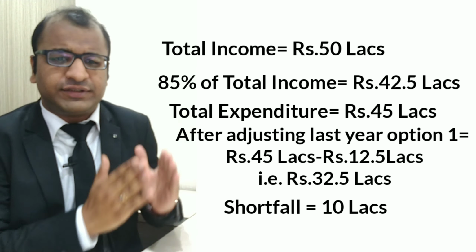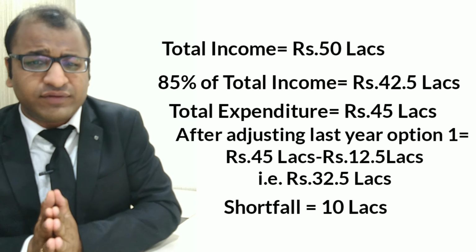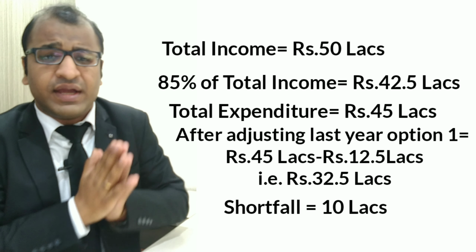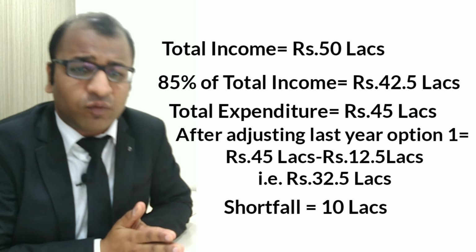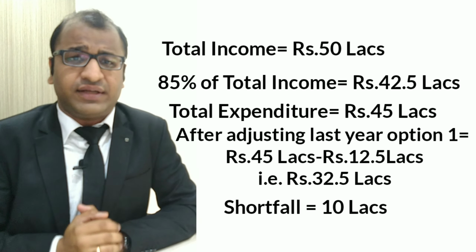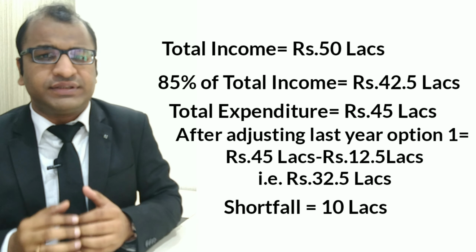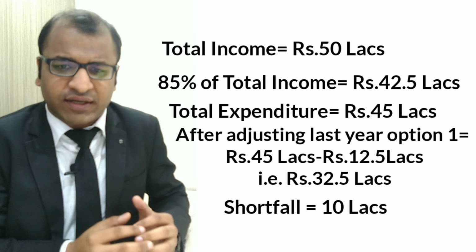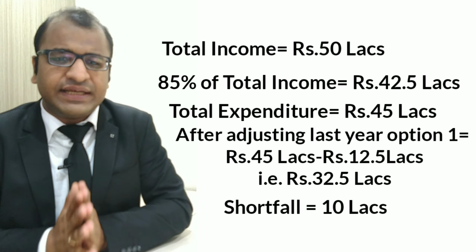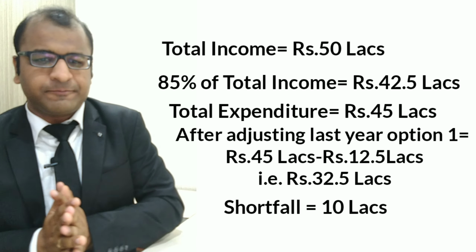After deducting rupees 12.5 lakhs from the total expenditure of rupees 45 lakhs, which was the expenditure incurred during this year, the expenditure for the current year will stand at rupees 32.5 lakhs, and 85% of rupees 50 lakhs, which was the income for this year, comes to rupees 42.5 lakhs. Clearly the difference is the shortfall, which is rupees 10 lakhs.